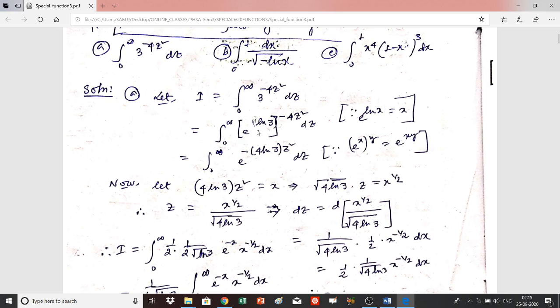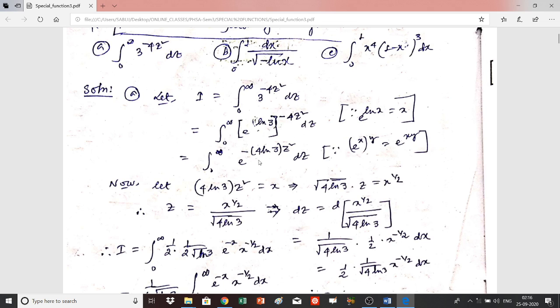In which manner can we rewrite this part of the integral? The limit is as before, 0 to infinity, and now this can be written as e to the power log of 3 to the power minus 4z square, because you know that e to the power log x is equal to x. So 3 to the power minus 4z square can be written as e to the power log 3 to the power minus 4z square, and dz is there.